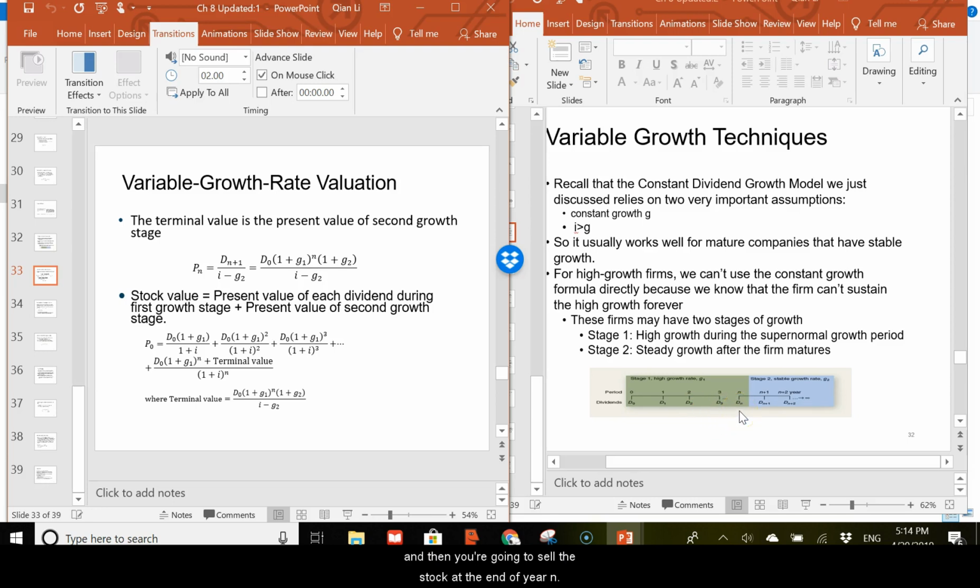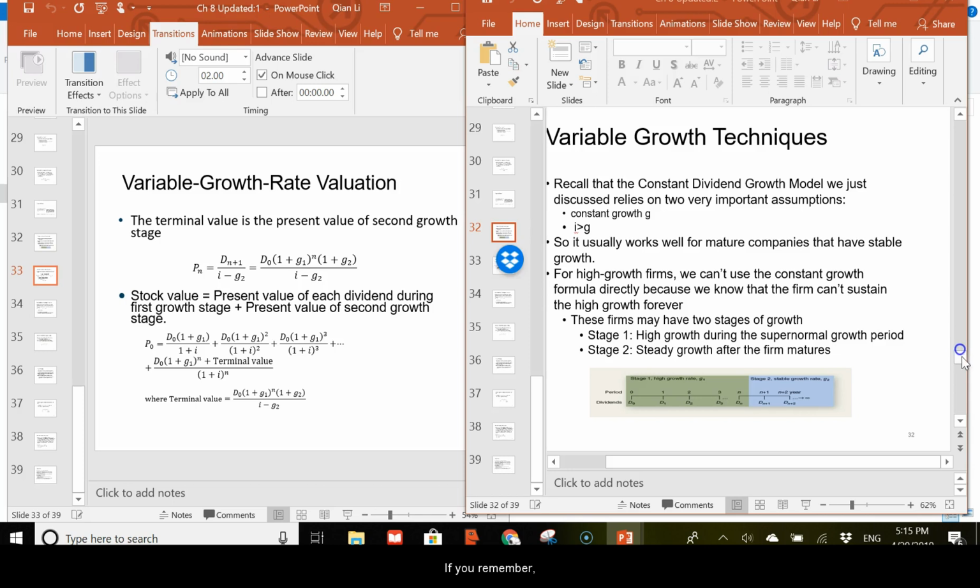And then you're going to sell the stock at the end of year n. How much can you sell it for at the end of year n? Well, you estimated the price, right? So how much you want to pay for it today should be based on how much you can receive as all these years of dividends and this final sale price.